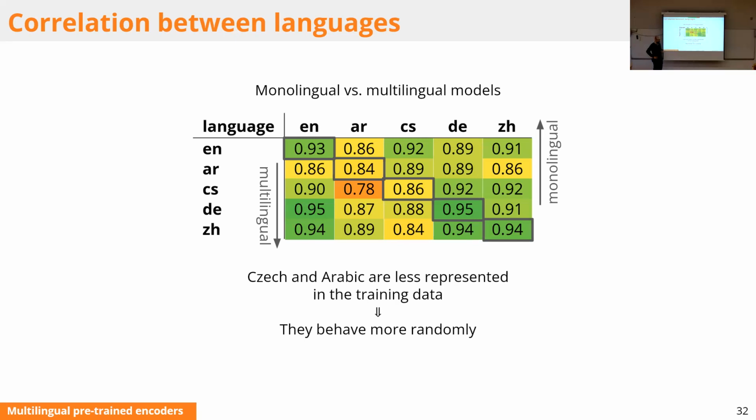So we translated the natural language inference data into all the languages. Actually, there exists a pretty decent translation of the natural language inference data into like 20 languages. So the only thing that we did, or actually that Martin did, was translating the data into Czech.